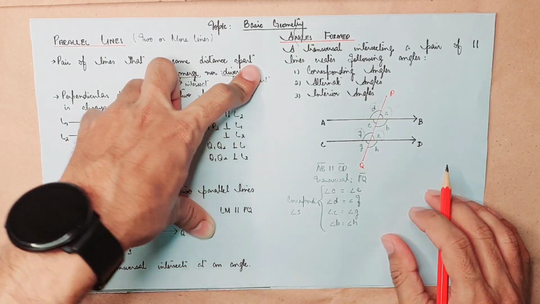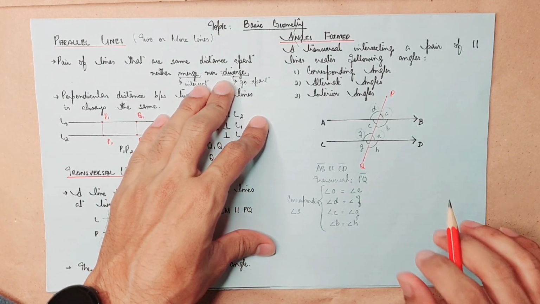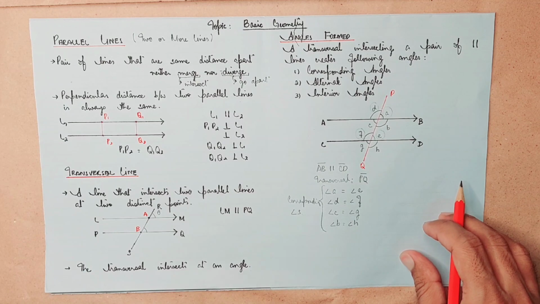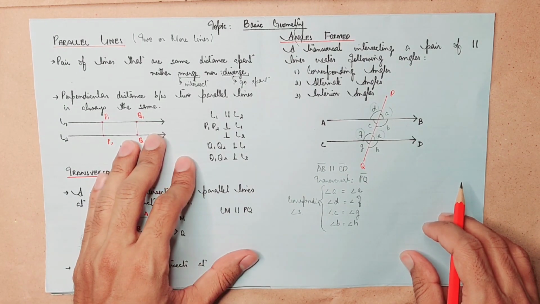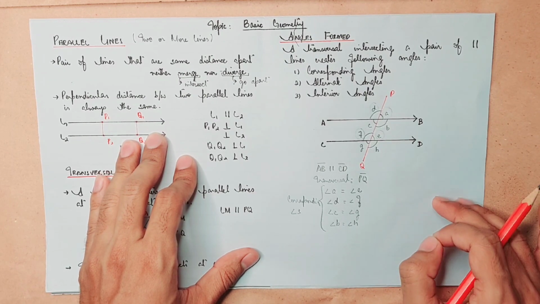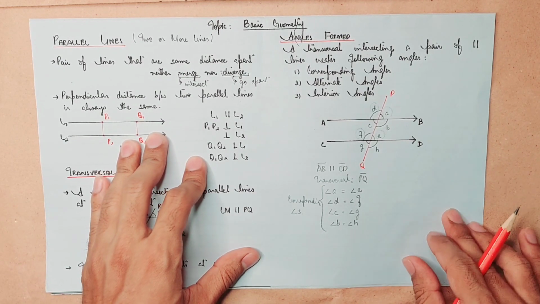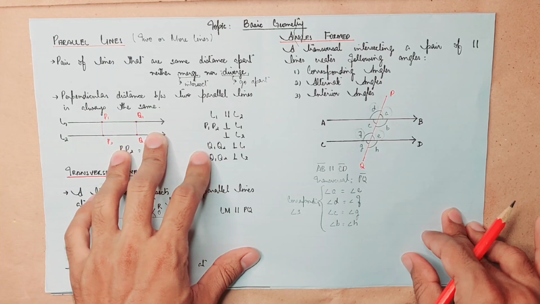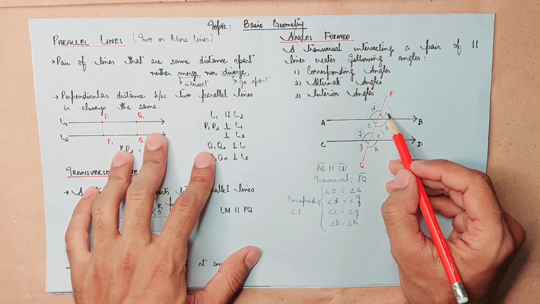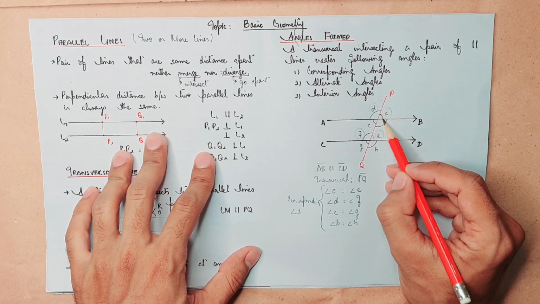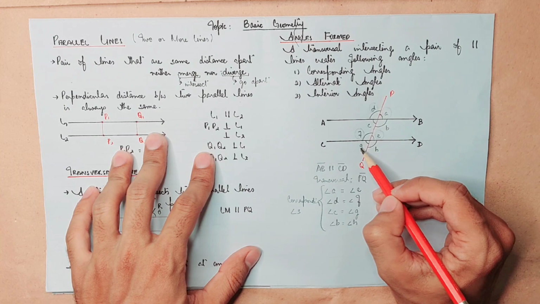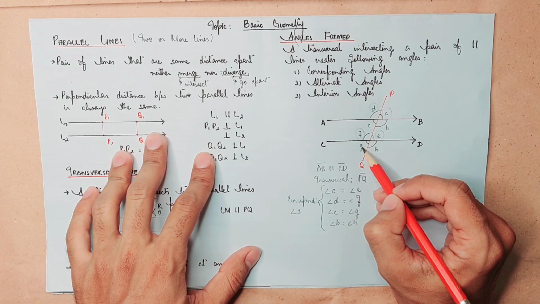Got it? Now the second property is alternate angles. Alternate angles are formed at opposite positions of the parallel lines, and they are produced on opposite sides of the transversal. Here I have angle A, and angle A is equal to angle G, so angle A and angle G are alternate angles.